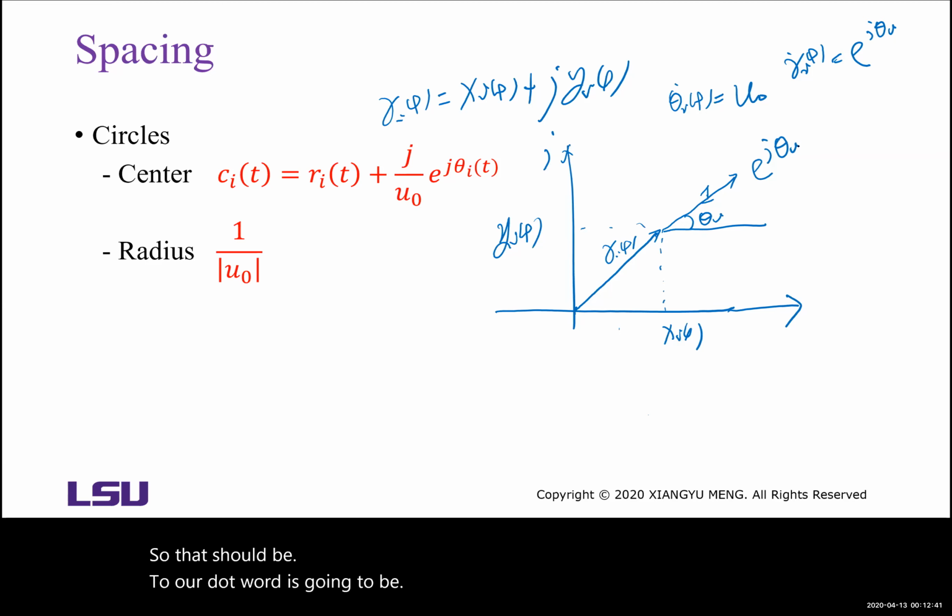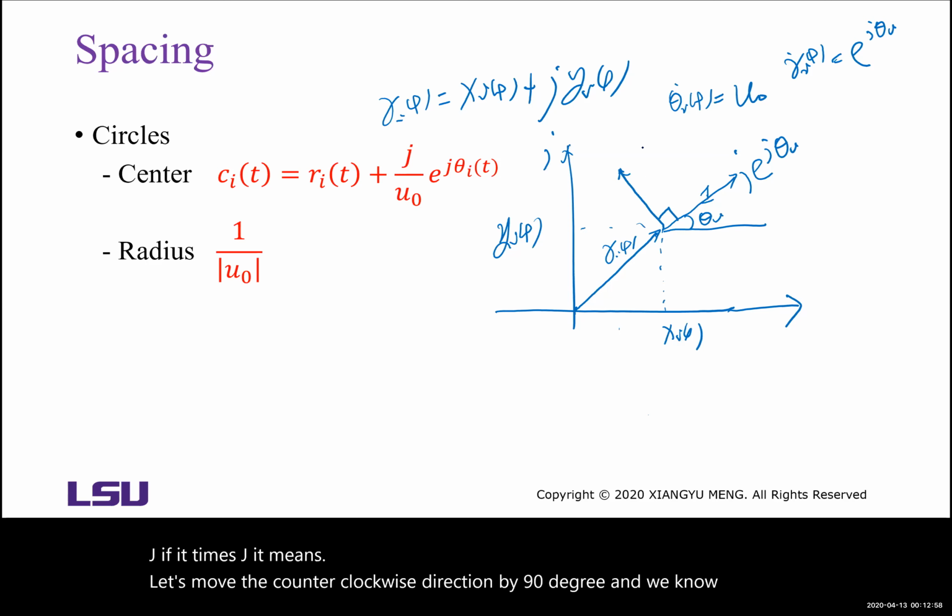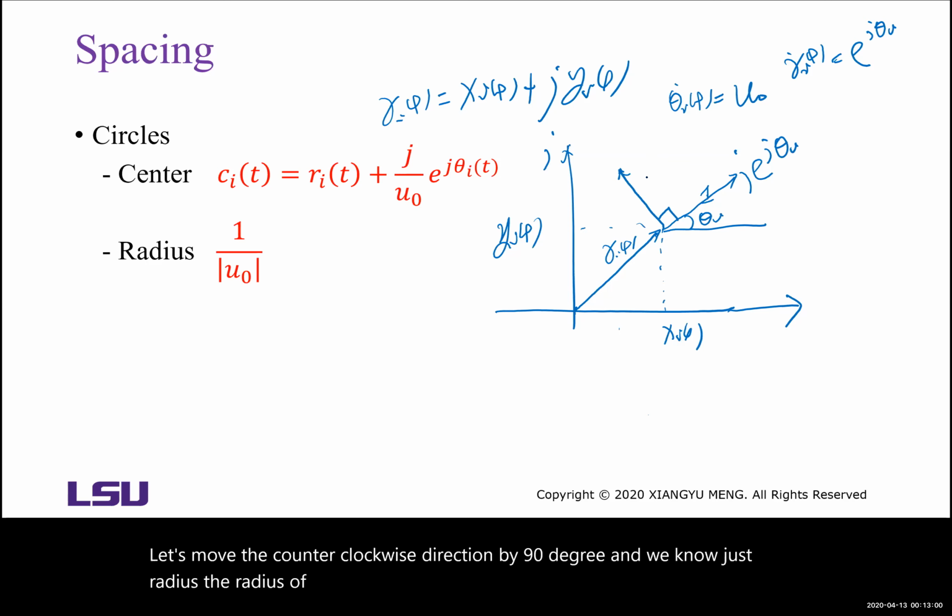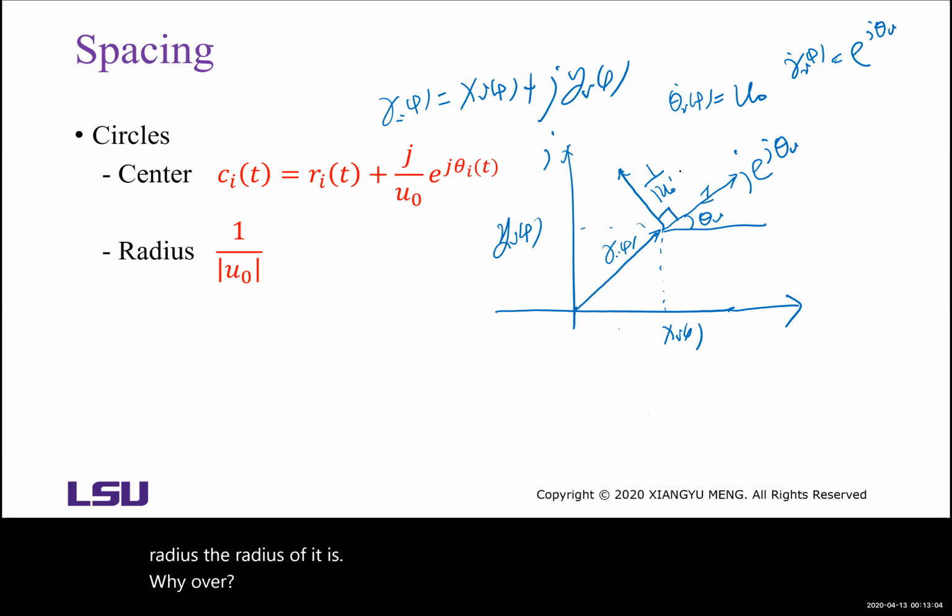Then we can times j. If we times j, it means moving in the counterclockwise direction by 90 degrees. And we know the radius is 1 over u0 squared.